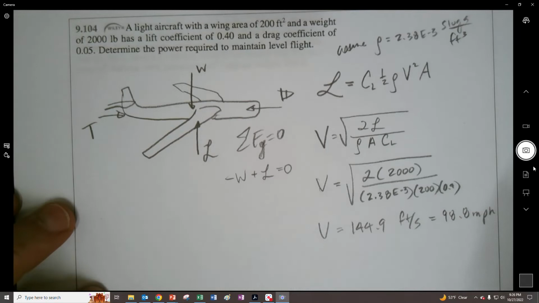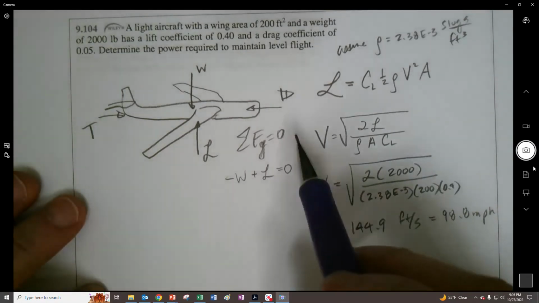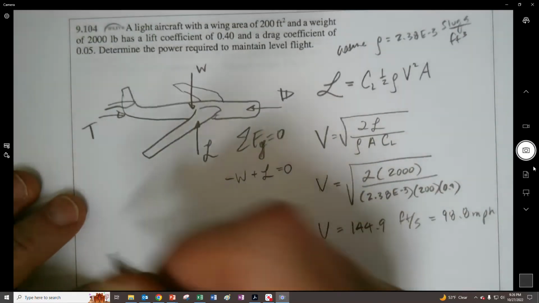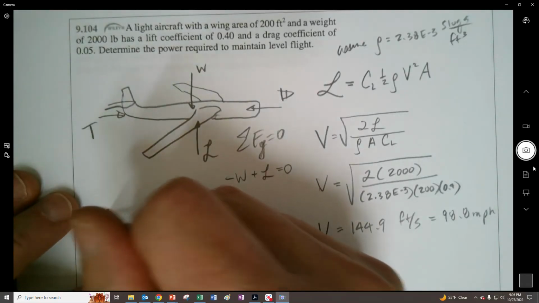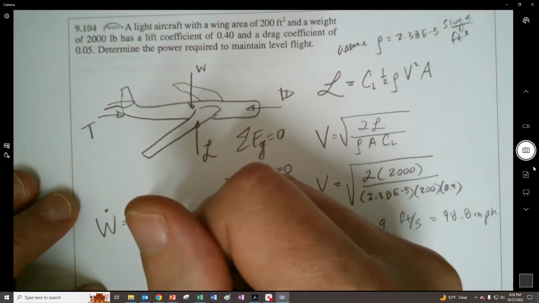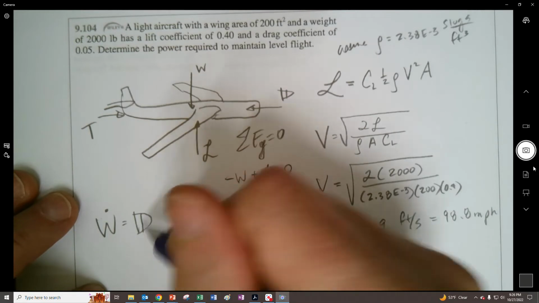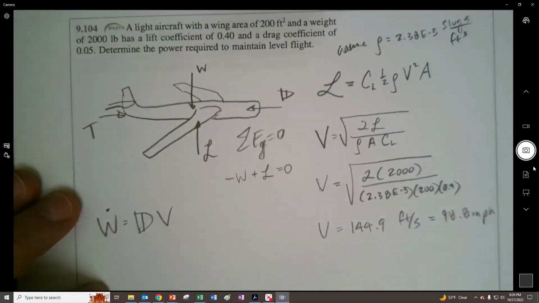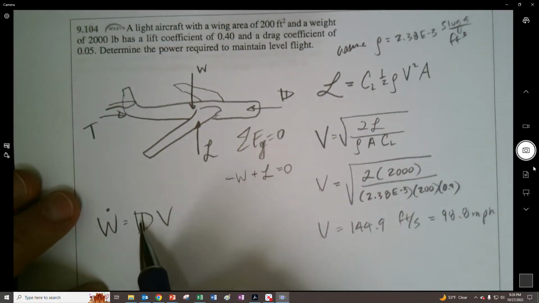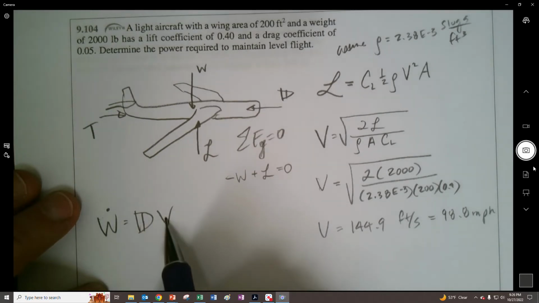So we want to figure out how much power is required to do that. And we know that the power is going to be equal to the drag times the velocity, right? Because this is force times the distance rate.